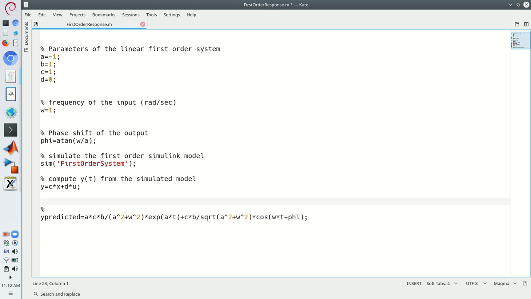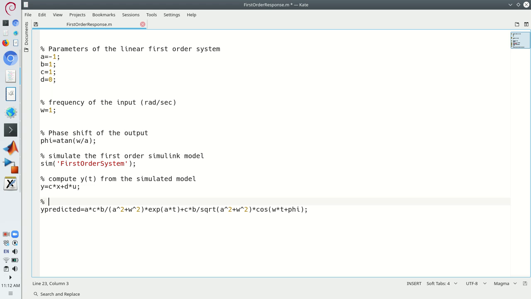So what is predicted, if everything is correct, is the analytical solution of the response. We are going to verify this, and now we also do the plot at the same time. We plot t and y. Not only that, we hold on.